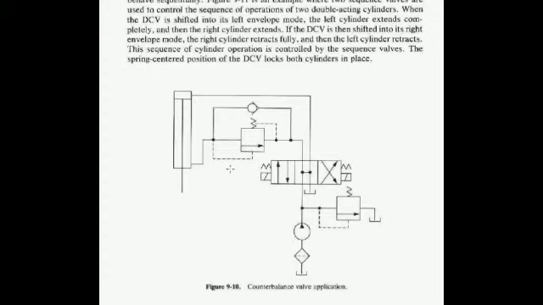The setting of this spring force can be adjusted based on how much load is acting on the rod end side of this cylinder. We need to set the spring force higher than that load, and then only this circuit will work.